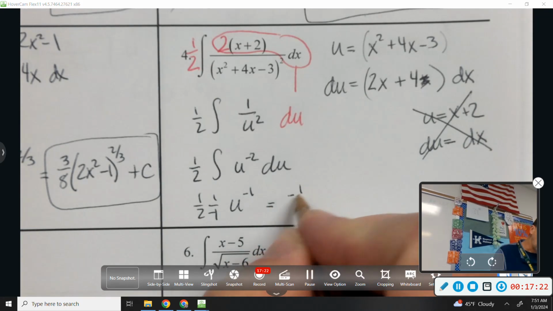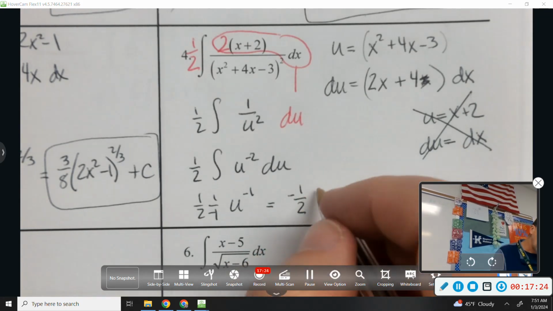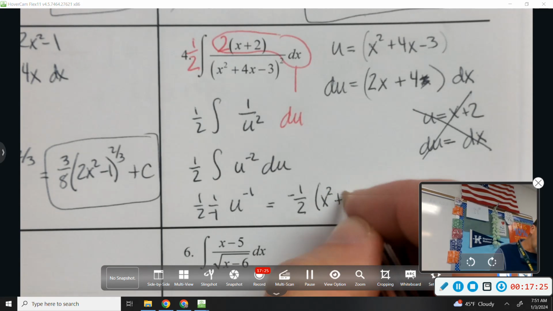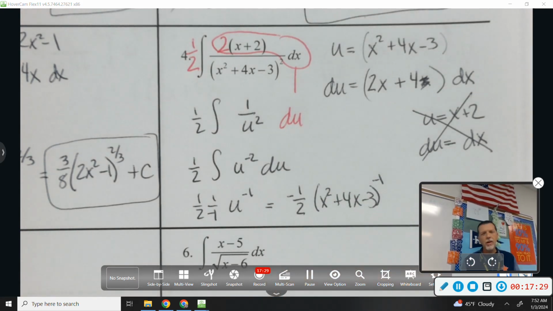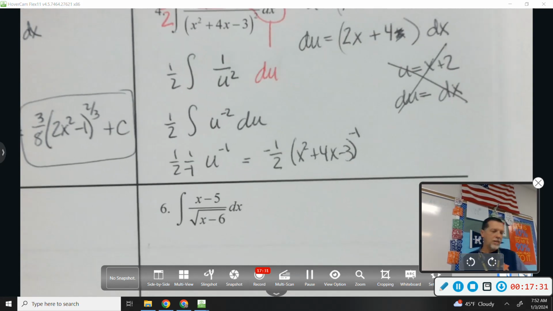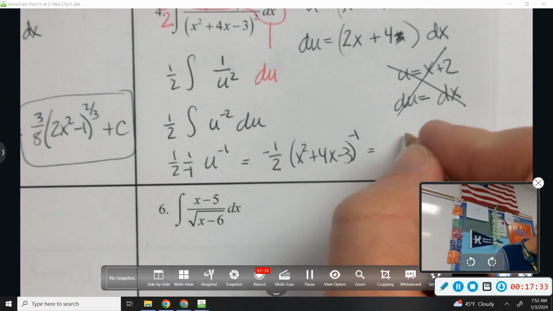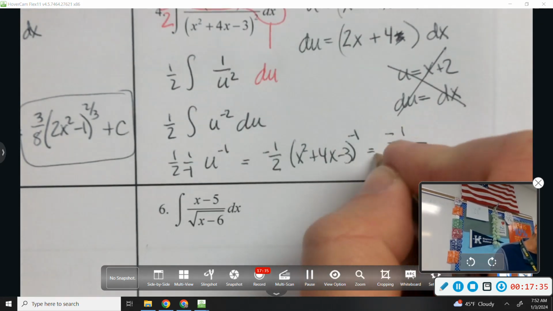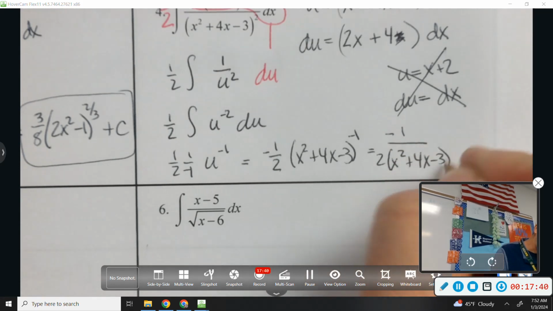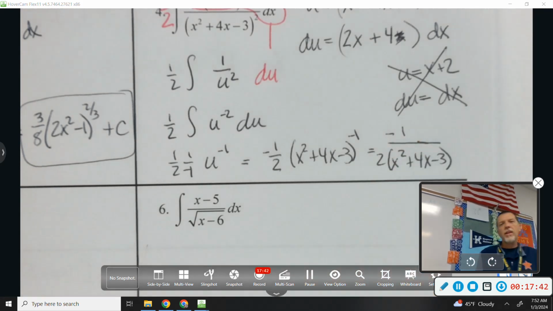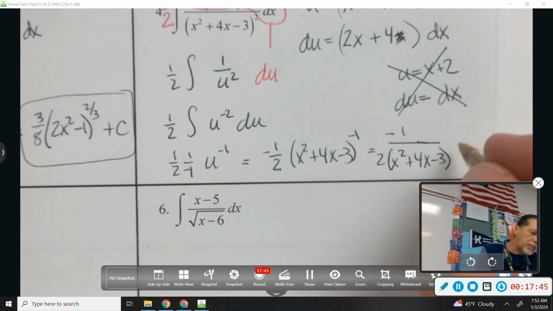So let's see, that's negative 1/2 times x squared plus 4x minus 3 to the negative 1, which is not wrong, but I suspect it would probably be written in the denominator like that. And then what am I missing? Plus c.